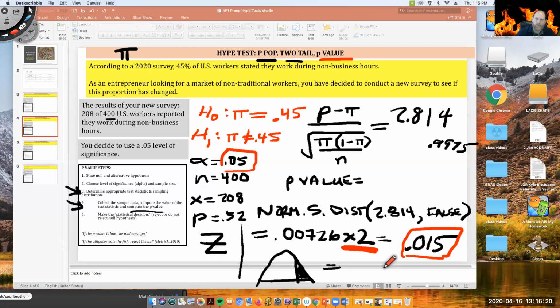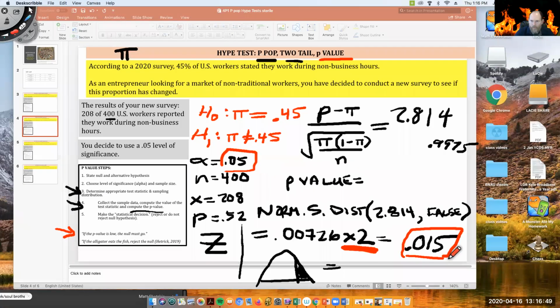So there's an old scientist saying, I think is actually kind of lame, but it goes, and it's written right here. If the p-value is low, then the null must go. And you're kind of like, boomer, what does that even mean? It should be written, if the p-value is lower than the level of significance, you reject the null hypothesis.